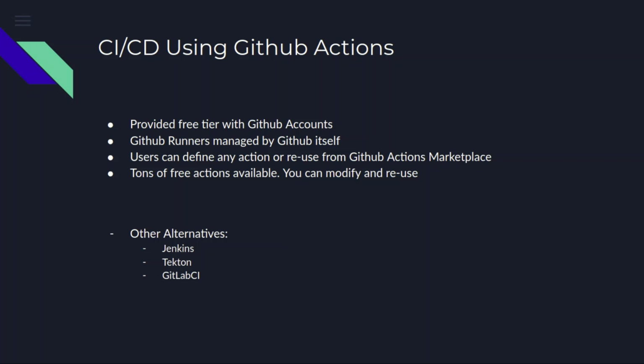The biggest plus point in GitHub Actions is that it has a marketplace where you can use a ton of reusable actions. People are contributing, some are verified, some are unverified, but you can use those actions to automate your CI/CD pipeline.